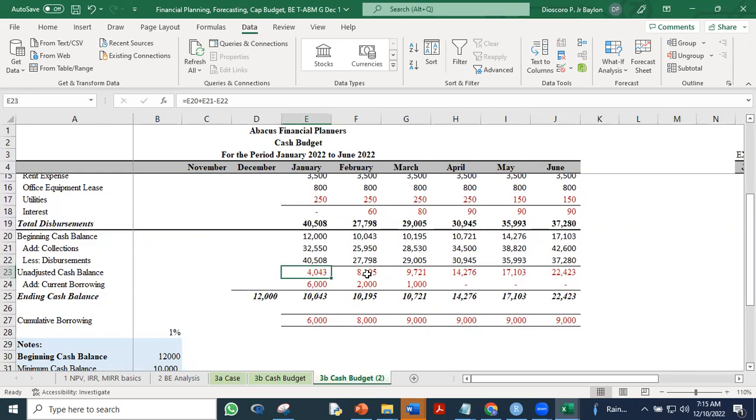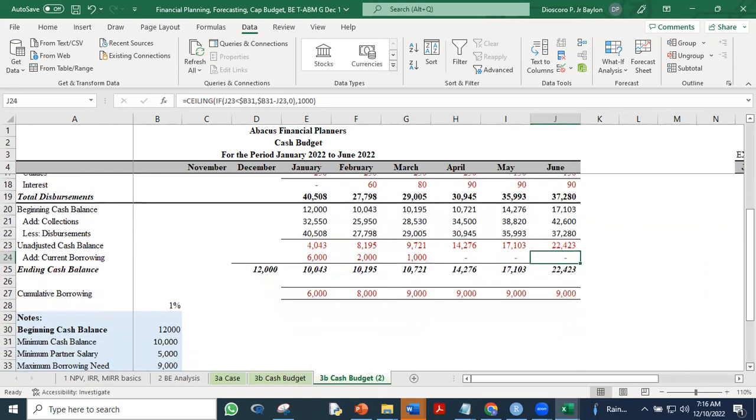In April, the unadjusted cash balance was 14,276, and this is greater than 10,000. Therefore, we need not borrow. So for April, May, and June, there was no need to borrow.